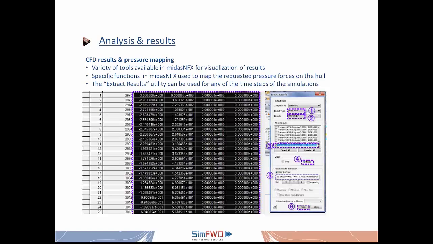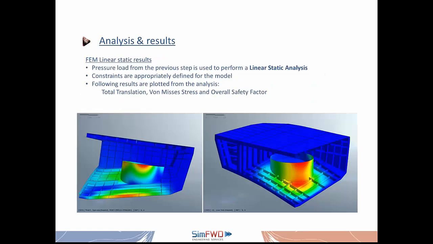So we have derived the pressure load through the tables shown in the previous slide, and we have mapped them on our structural model and used them to perform linear static analysis.